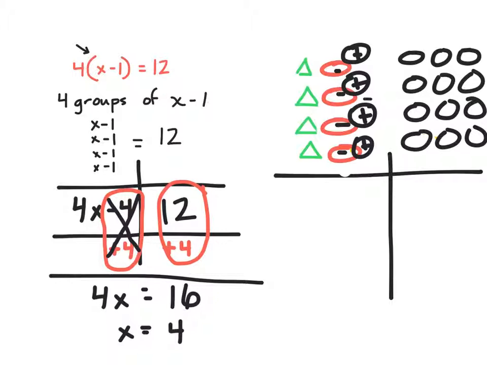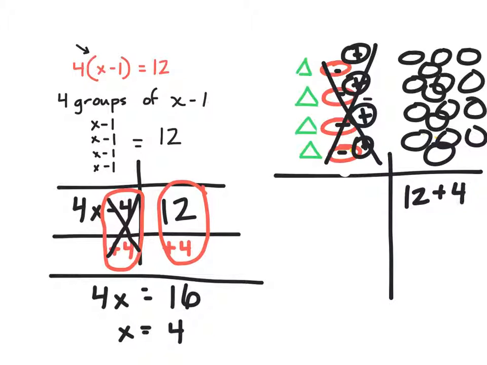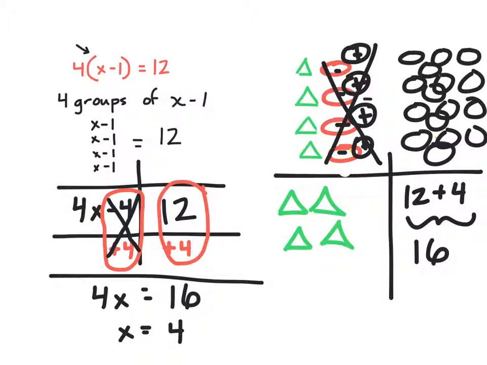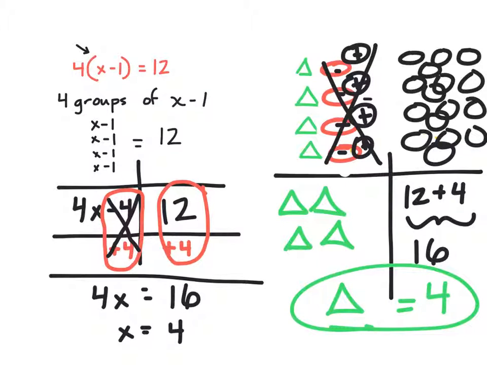If I do that to the left side it is 0, but I also need to add 1, 2, 3, 4 positive coins on the right, so 12 plus 4 is 16 coins. From here, I have 4 pouches that total 16 coins. So it would make sense that each pouch would have 4 coins, because 4 plus 4 plus 4 plus 4 is 16. So that's the picture version of solving the equation with parentheses.